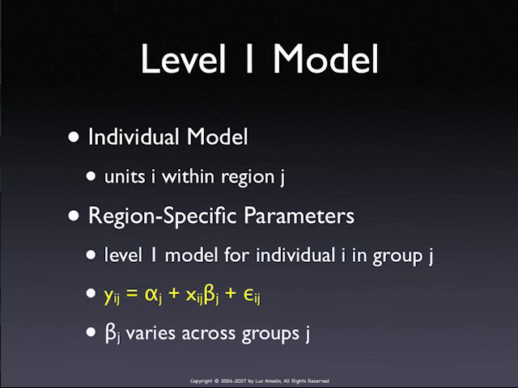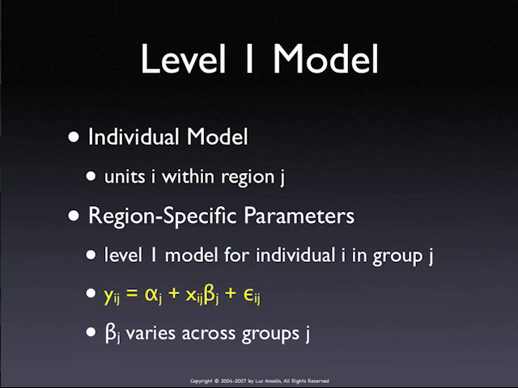So this would be a county model with some variables that are county specific, and some parameters that are state specific. So we have Y_ij, meaning county i in state j, has its own intercept specific to the state j, has a slope, beta_j, specific to the state j, and then an error term. And we're letting the slopes vary across the groups.